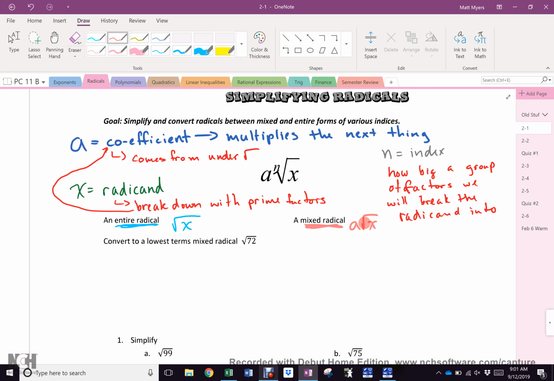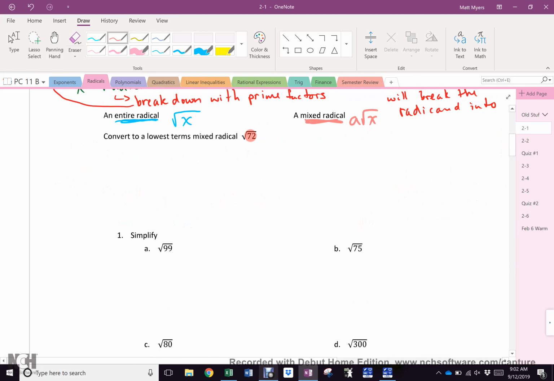Okay? Now, I will remind you how to do this the easiest way I can, and then I will remind you of the shortcuts that I taught you all in grade 10. The easiest way to do this, and the way that always 100% works and never, ever, ever lets you down, is to factor tree the radicand.